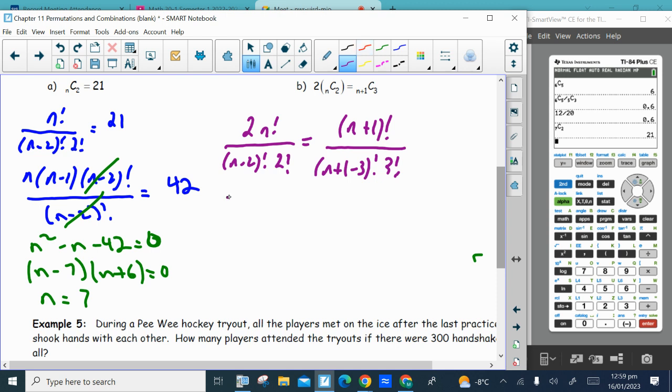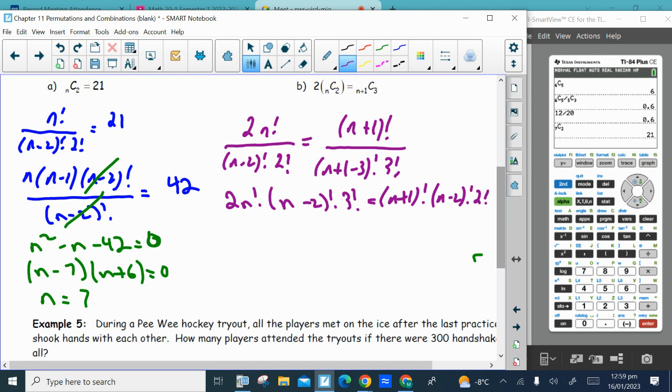When you cross multiply, you have 2 n factorial times n plus 1 take away 3, which is n minus 2 factorial, times 3 factorial. And that must equal the other cross product, n plus 1 factorial, n minus 2 factorial, and then 2 factorial.